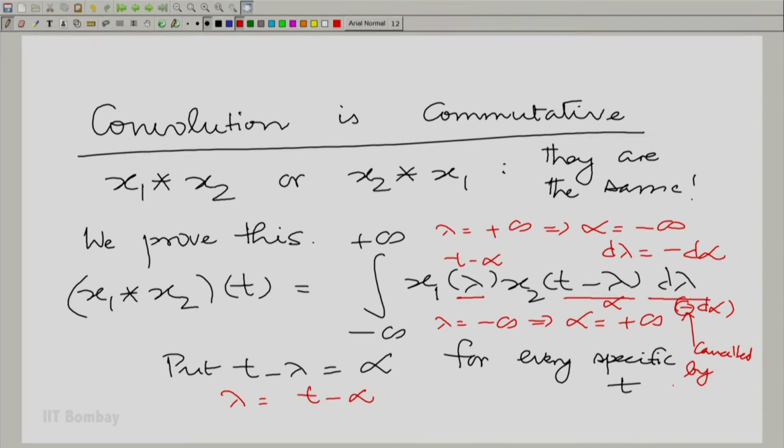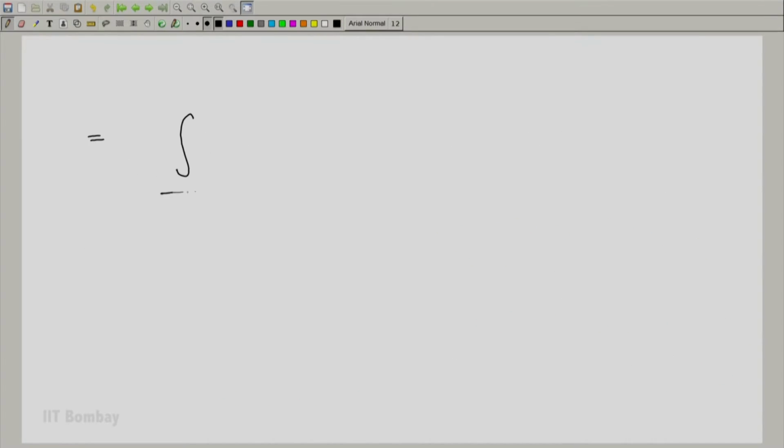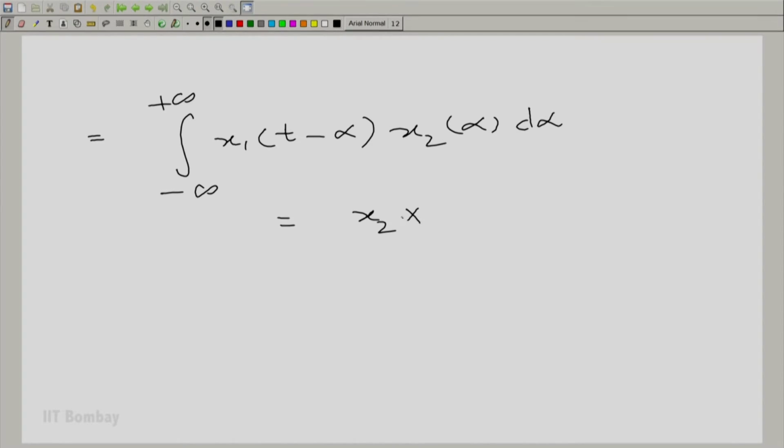So, what I am saying is that we could rewrite this as the integral from minus infinity to plus infinity of x1(t minus alpha) x2(alpha) d alpha, and that is the same as x2 convolved with x1 evaluated at t.